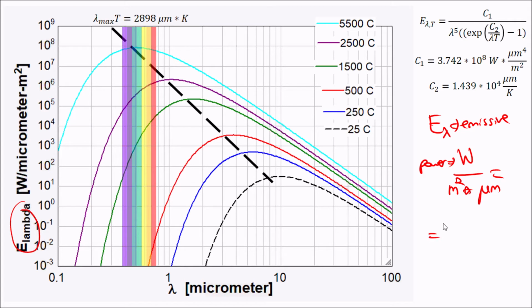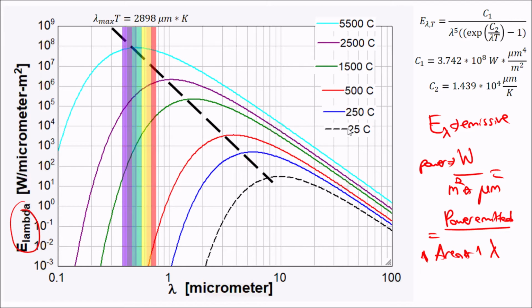What it means is that it is the power emitted from the body, per unit area and per unit wavelength. So we are looking for the emitted power per wavelength and per area.